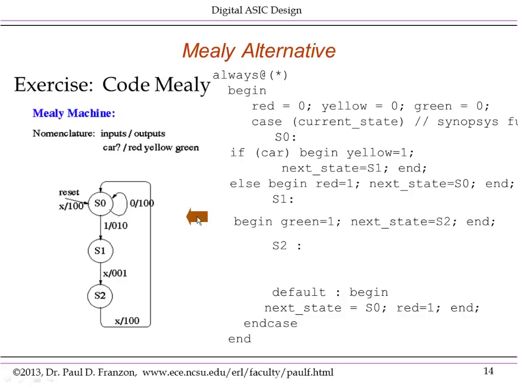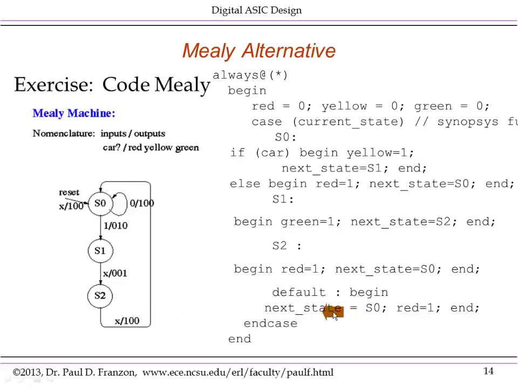Once we're in state S1, we just simply want to go to green and S2 on the next clock cycle. Once we're in state S2, we simply want to go to red and S0 on the next clock cycle. We're still essentially bundling this with the transitions. There's only one possible branch, so there's no if-else statement.